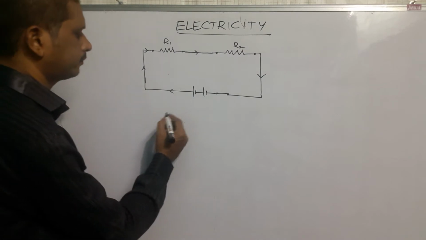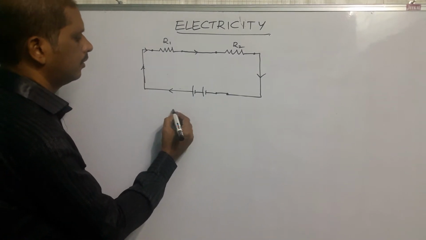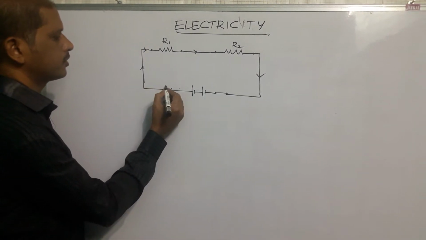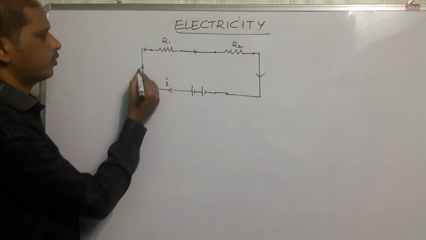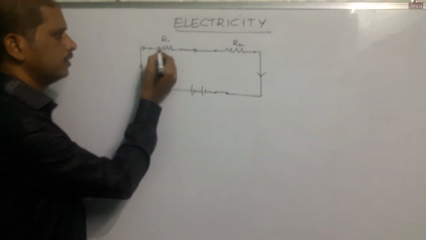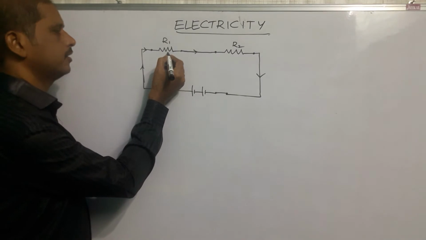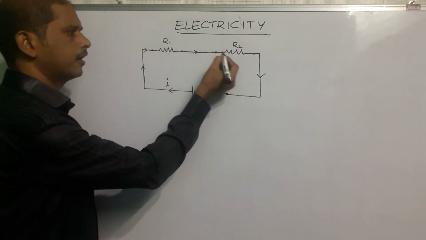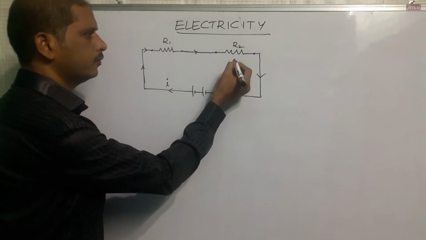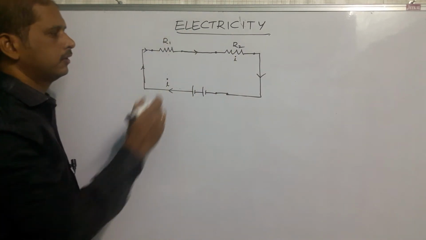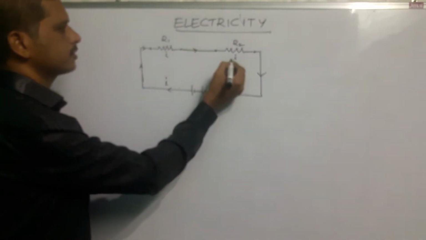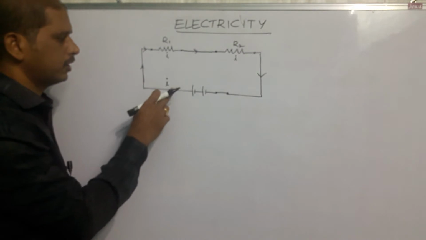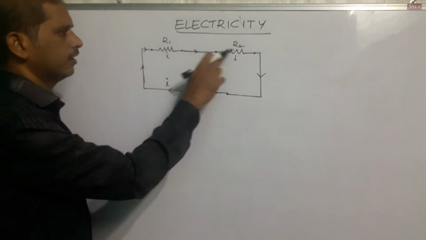So here, when electric current I passes through the resistor R1, the electric current passing through the resistor R2 is also the same. Here also I electric current passes, here also I passes. Why? Because it has only one way.